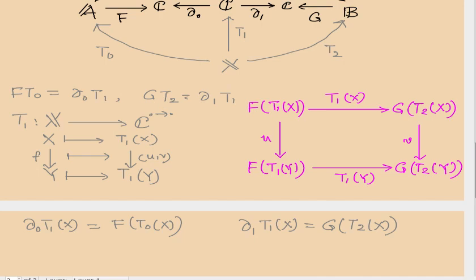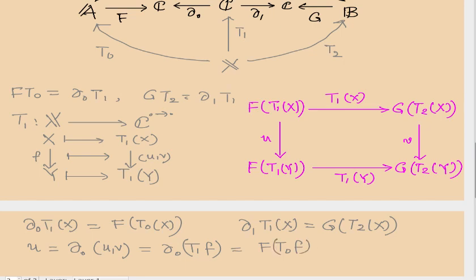Let's again utilize the fact that we have these two equations, F T0 and G T2. So what is U? In the arrow category, U is nothing else but the partial 0 of UV. But that is partial 0 of T1f. But then I know this is nothing else but F T0f.